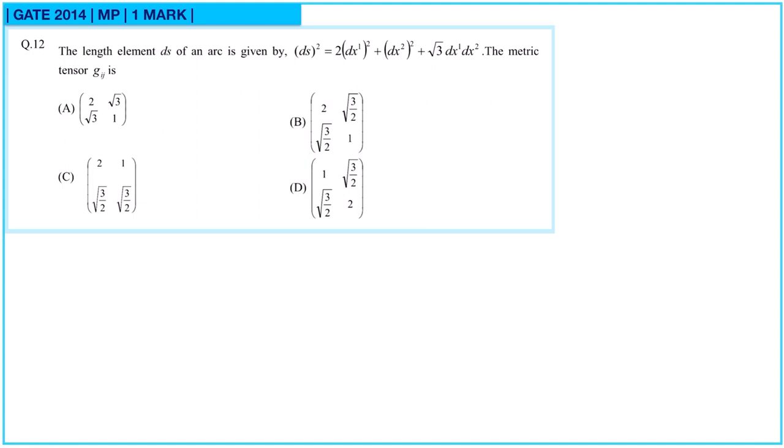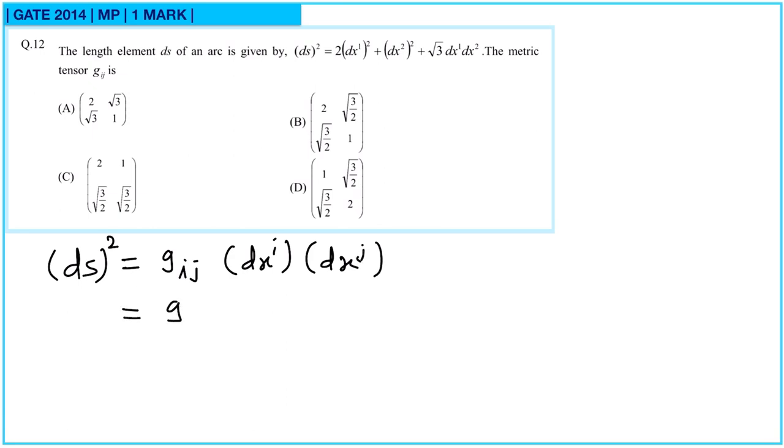The length of element ds of an arc is given by ds square is equal to 2 dx1 square plus 2 dx2 square plus root 3 dx1 dx2. The metric tensor Gij is. Now ds square is written like this, Gij dxi dxj.